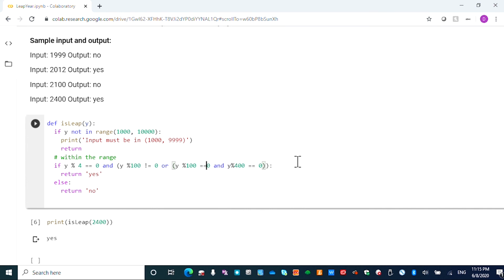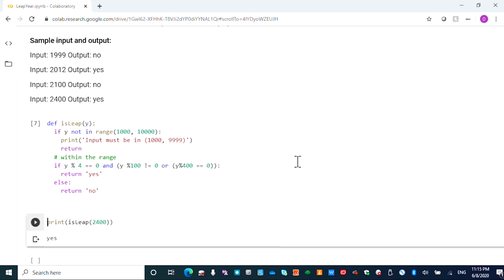So in that scenario, we don't need y divided by 100 equal to 0 as a condition here. As long as y divided by 400 implies y divided by 100, the remainder is 0. So we can remove this and it should remain the same. So that further simplified it.